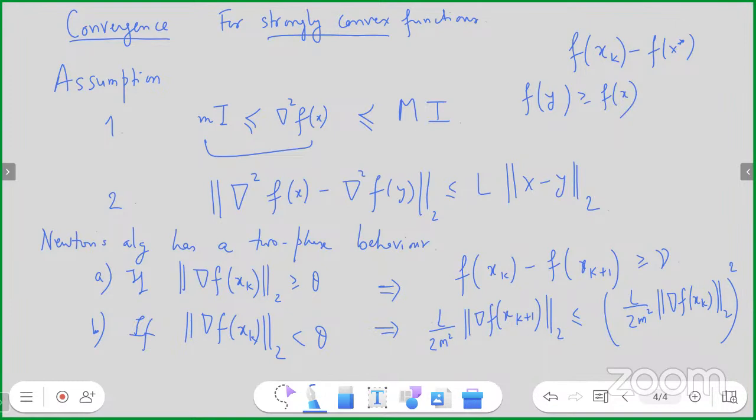With this strong convexity, what do I have? F of x plus something plus something. What is that plus something? That's the gradient. Yes. And this quantity is greater than or equal to little m. Right? That's essentially what strong convexity is. How can you use this in addition to this to claim something about this?